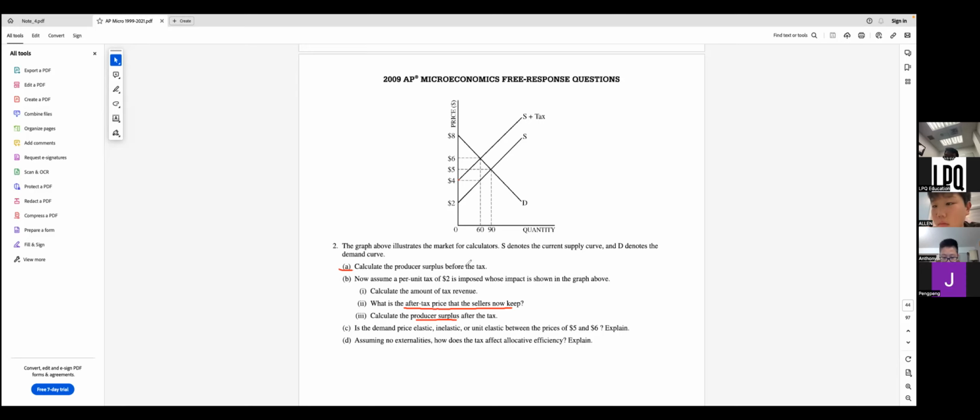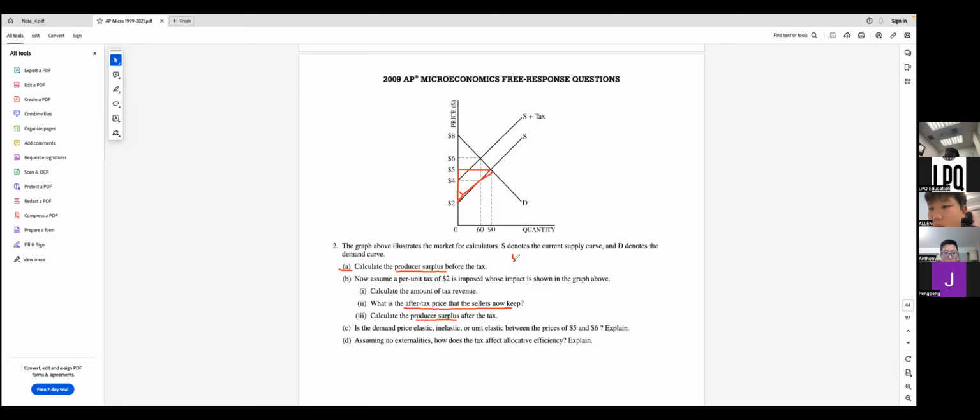Calculate the producer surplus before the tax. Where is the producer surplus before the tax? It is the area below the $5, above the supply curve, and up to the quantity traded. Basically, just calculate how big this area is.